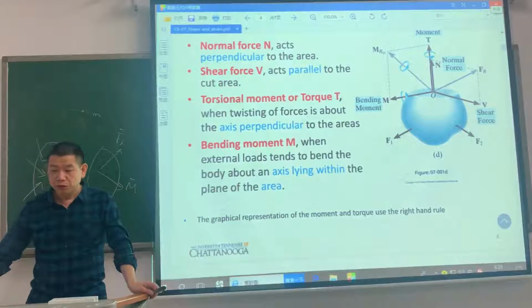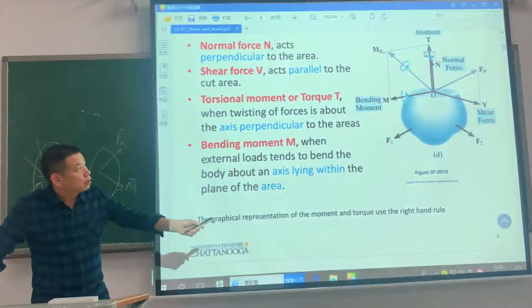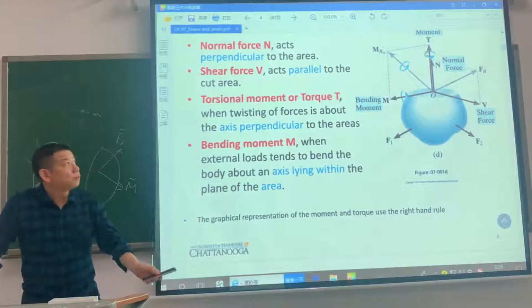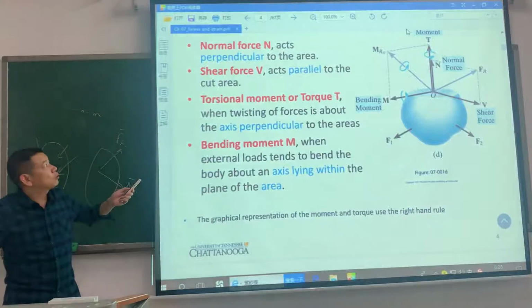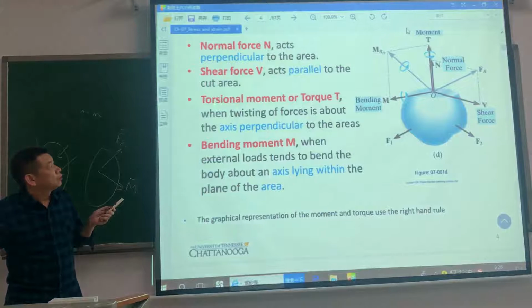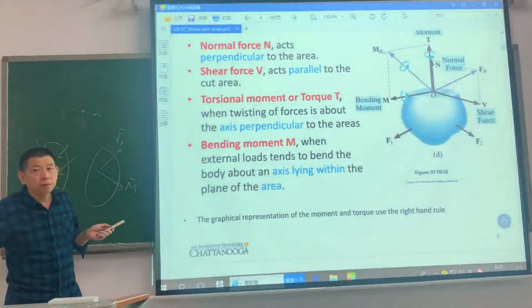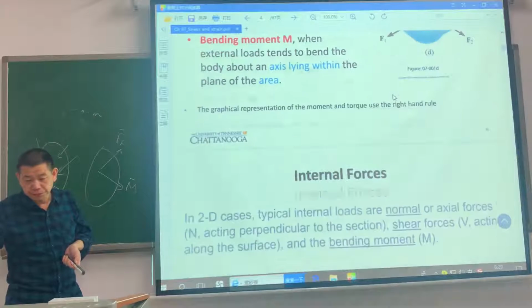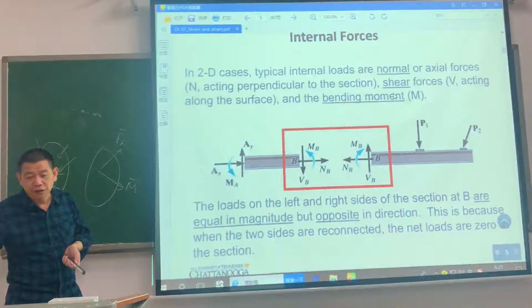So it's not important here. We just introduce the concepts: what is normal force, what is shear force, what is torsional moment, and what is bending moment.